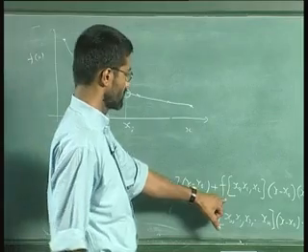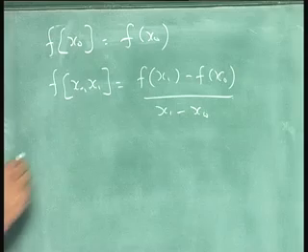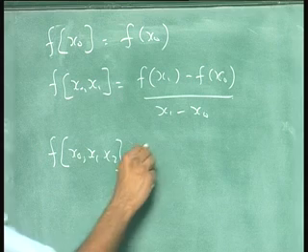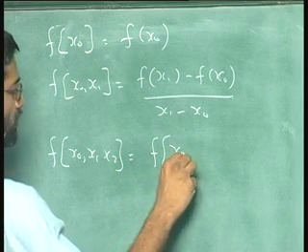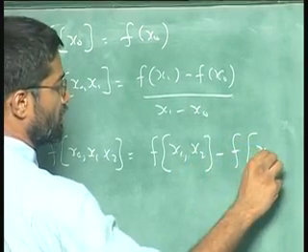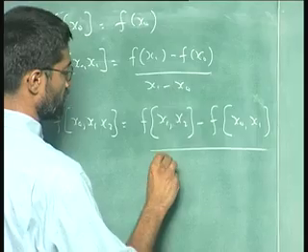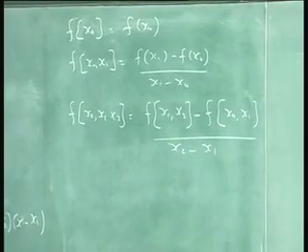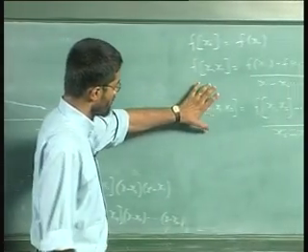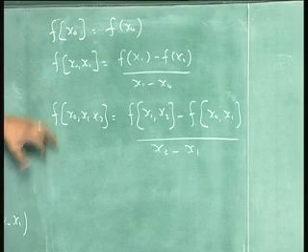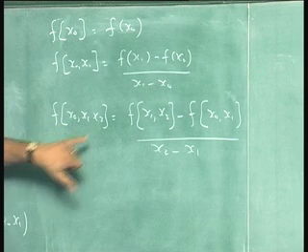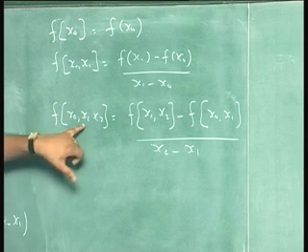The coefficient of the next term, f at x0, x1, x2, is f of x1, x2 minus f of x0, x1 divided by x2 minus x1, etc. So we constructed a kind of difference table, and with a recursion relation we could compute the third order terms from the second order terms and the fourth order terms from the third order terms, etc.